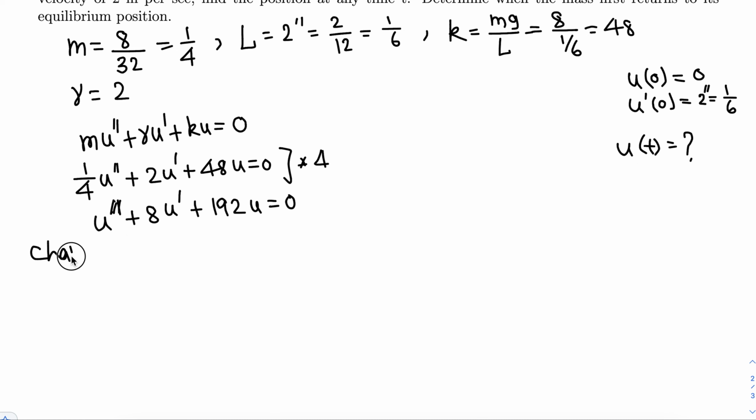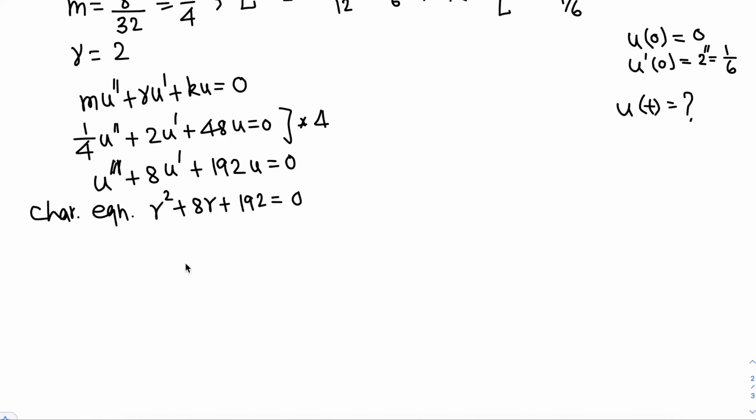Now let's solve this second order ODE. We write down the characteristic equation, which is r squared plus 8r plus 192 equals 0. Let's solve this using the quadratic formula. So r equals negative b plus minus square root of b squared minus 4 times 1 times 192, which is 768, for 4ac, over 2a, 2 times 1, 2.